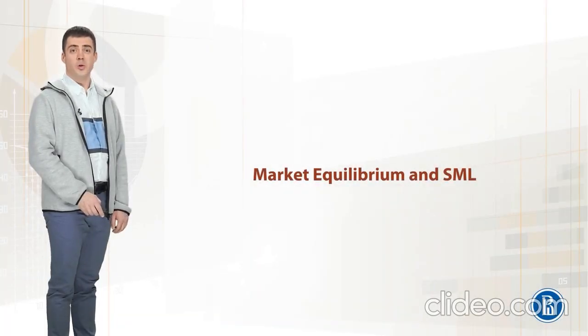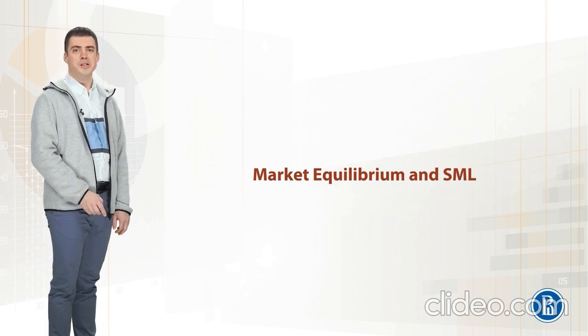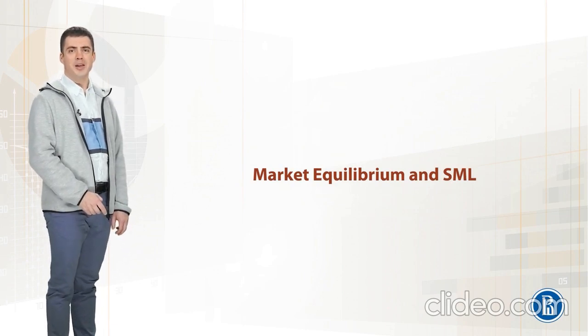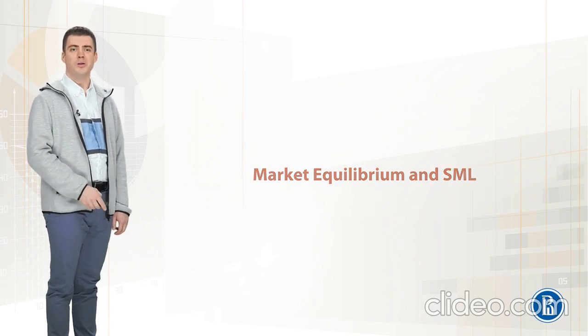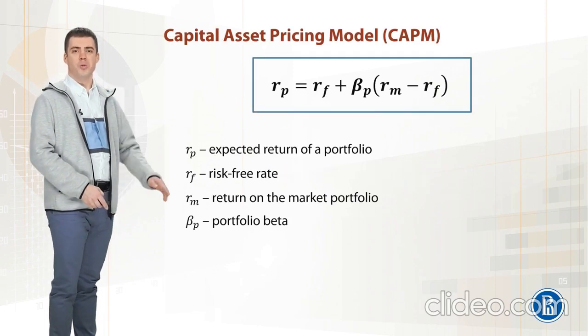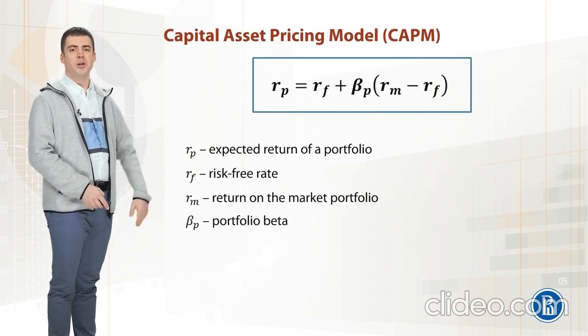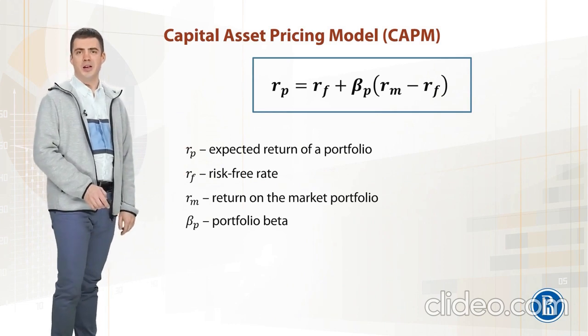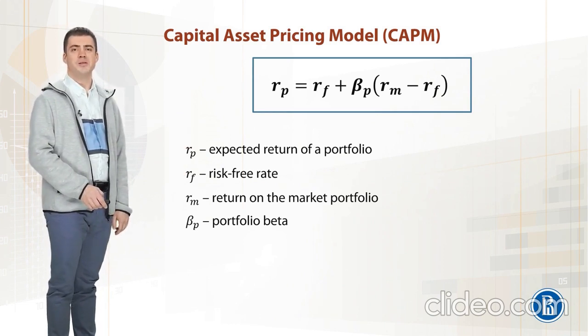In this section, we'll consider the theoretical implications of the capital asset pricing model. The CAPM formula you can see in this picture is used for calculating the expected returns of an asset.